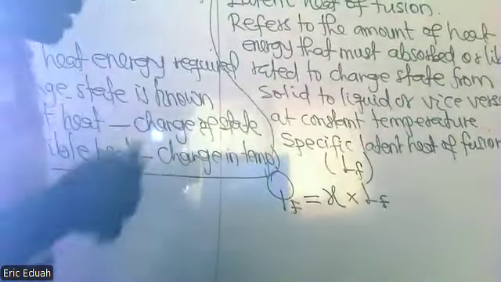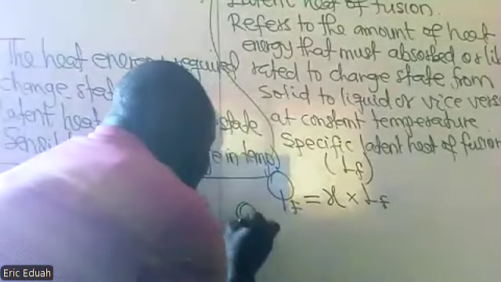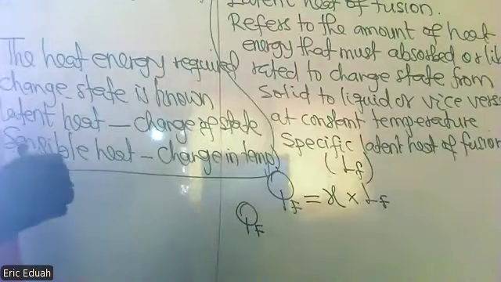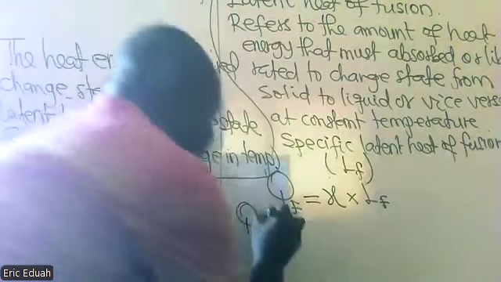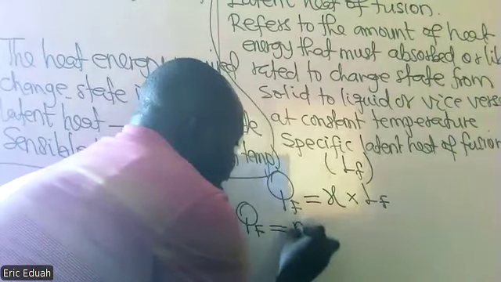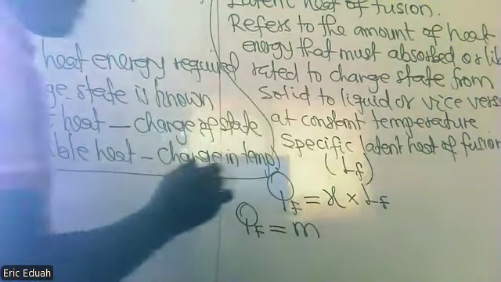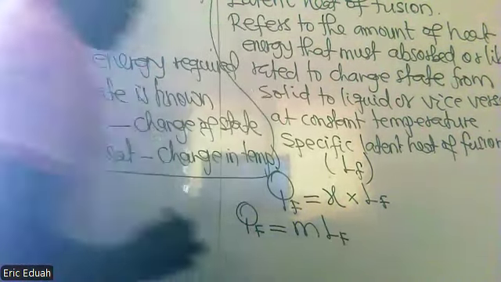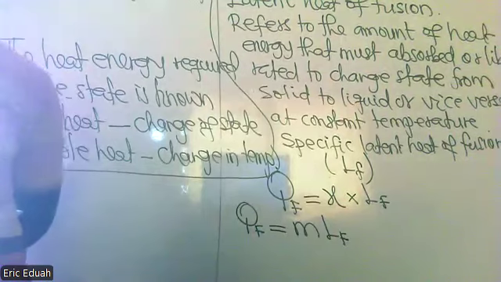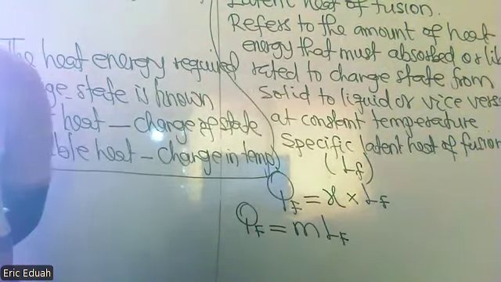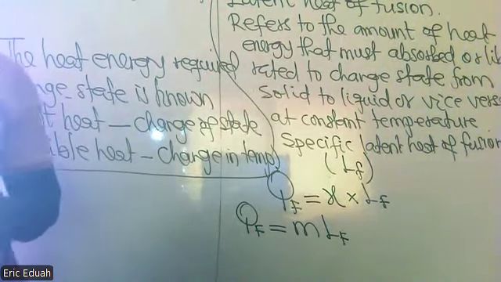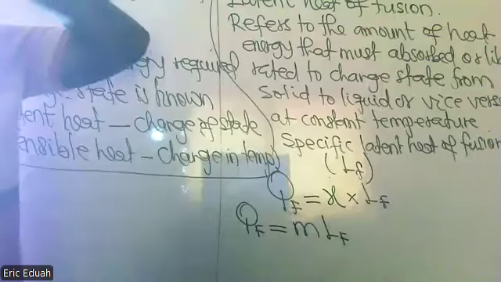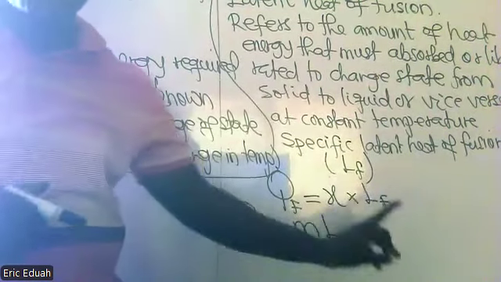So generally, QF, which is that quantity of heat energy that must be absorbed or liberated, is equal to any mass M times L subscript F. This is the formula for calculating the total amount of heat energy required to change state from solid to liquid.